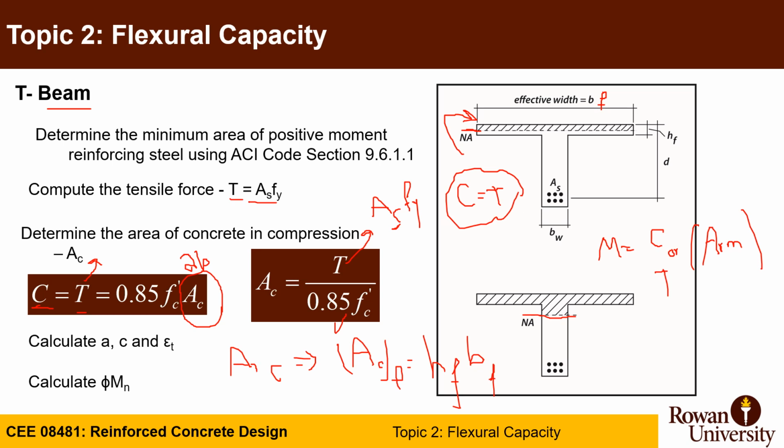If AC is less than or equal to area concrete flange, you are in case one, which is neutral axis for stresses is within the flange. If area required is more than area flange, so you need the web to engage, this is going to be case two, where the neutral axis for stresses is in the web.